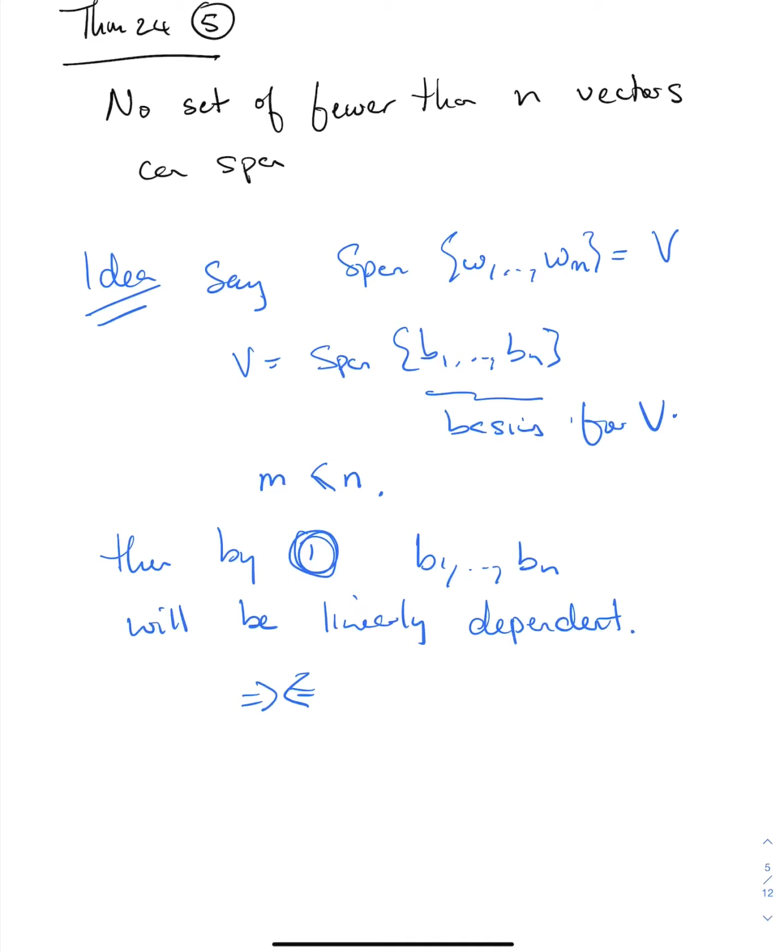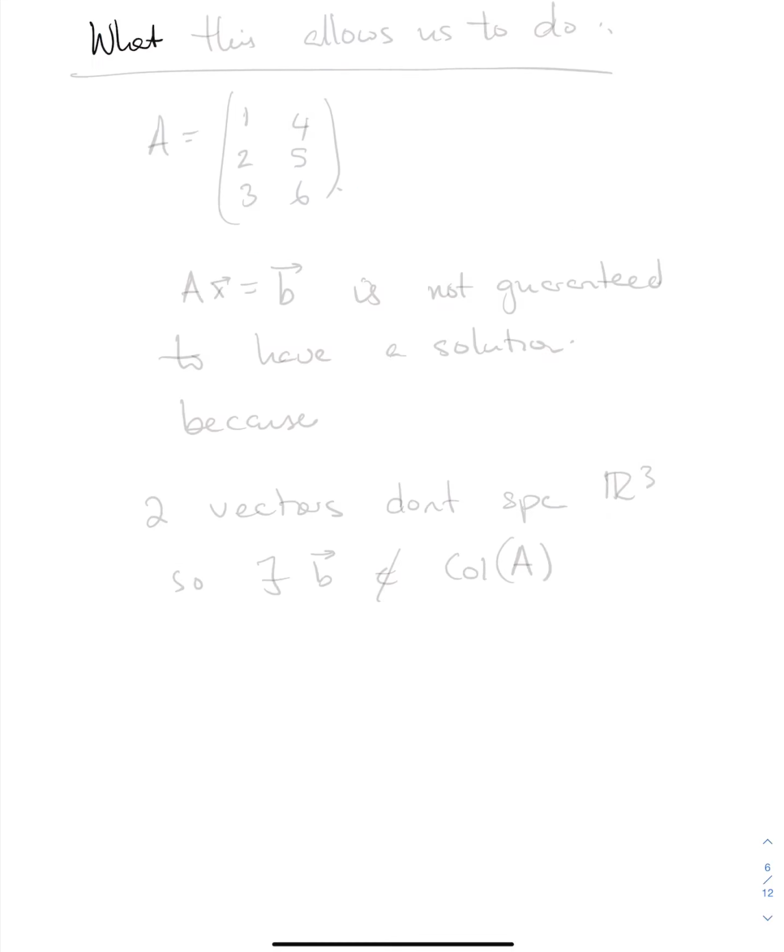Okay, why do we like this? What this allows us to do: say A is some matrix, with entries one, two, three, four, five, six.